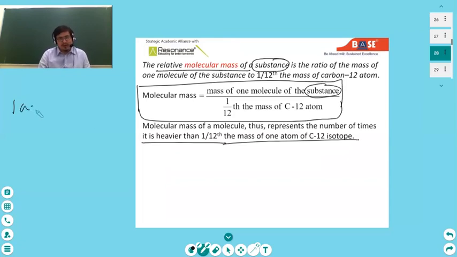Using that, the value of one AMU was also found using a mass spectrometer: 1.67 × 10^-24 gram, or you can write it as 1.67 × 10^-27 kg. So this is one AMU.